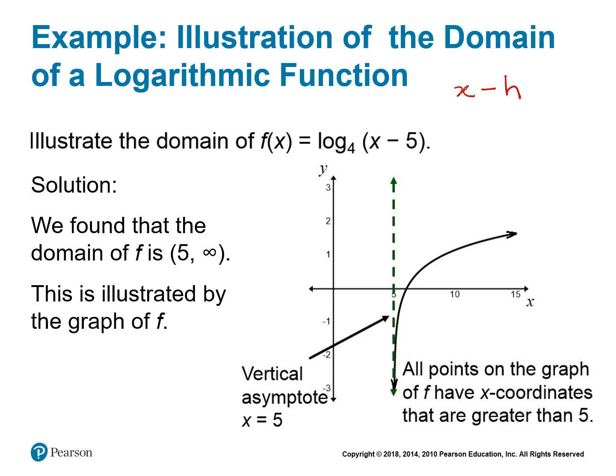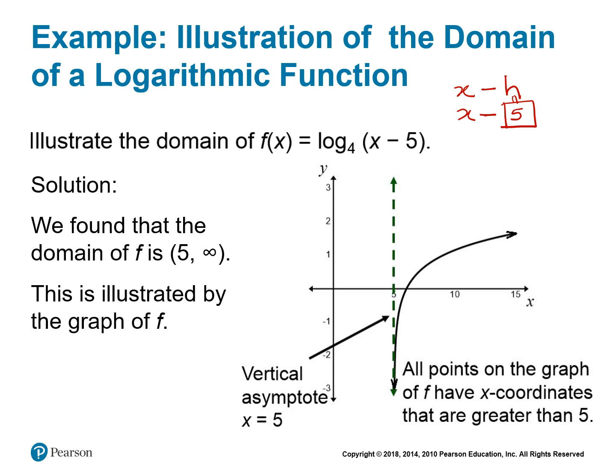That 5 is positive, so h is positive, which implies a 5 unit shift to the right from the original position of the base graph. And that's exactly what happened.